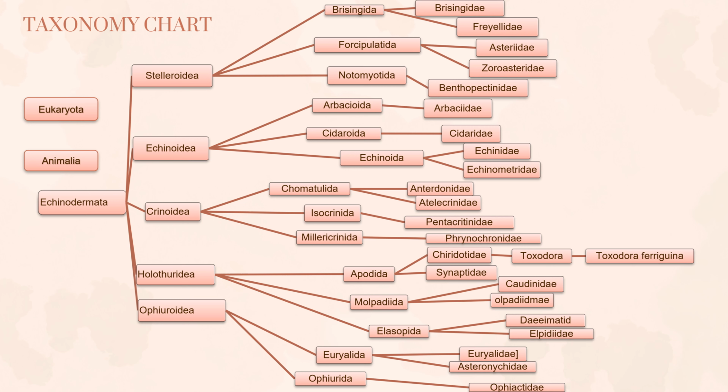Each class has its own orders, and each order has its own families. For example, Taxodora ferruginea is from the class Holothuroidea, the order is Apodida, the family is Chiridotidae, the genus is Taxodora, and finally the name of the species is Taxodora ferruginea.